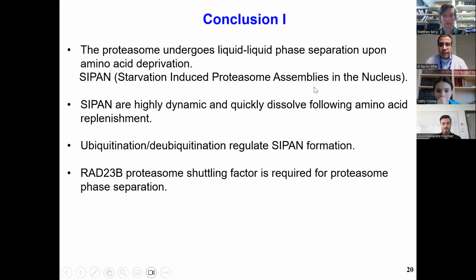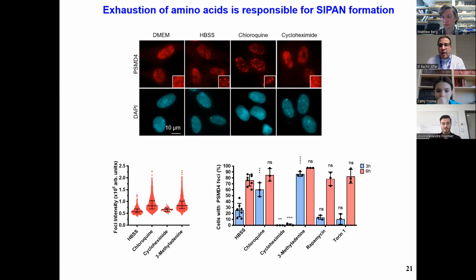So just a conclusion at this point. The proteasome undergoes liquid phase separation after amino acid deprivation. These organelles that we call cypan are highly dynamic and quickly dissolve following amino acid replenishment, and ubiquitination and de-ubiquitination are required for cypan formation and dissipation, and RAD23B drives this phase separation.